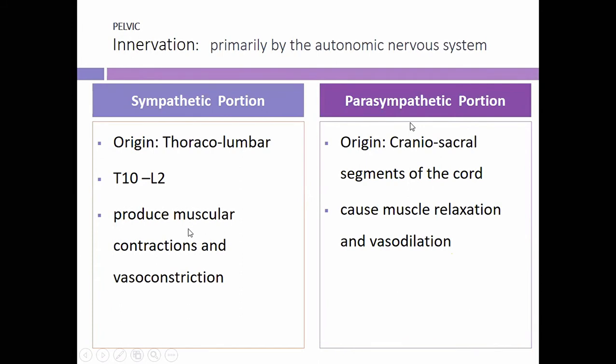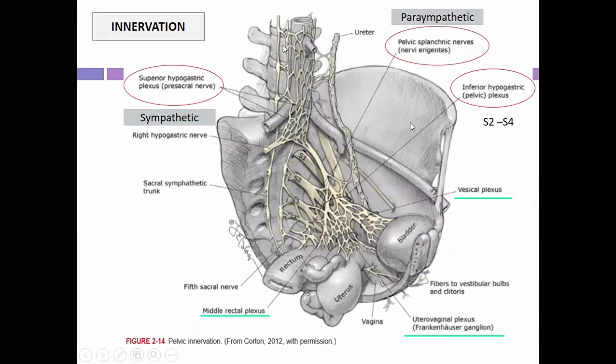Now, for the innervation of the pelvis, it has the sympathetic and the parasympathetic portions. The sympathetic comes from the thoracolumbar, T10 to L2, and the parasympathetic is the craniosacral. The innervation to the pelvis starts as the superior hypogastric plexus or presacral nerve, which is derived from T10 to L2. This is found just anterior to the bifurcation of these vessels, and then it will divide into the right hypogastric nerve and the left hypogastric nerve.